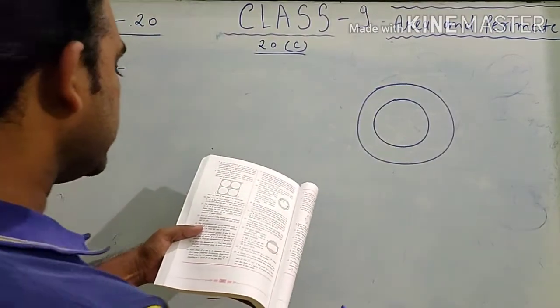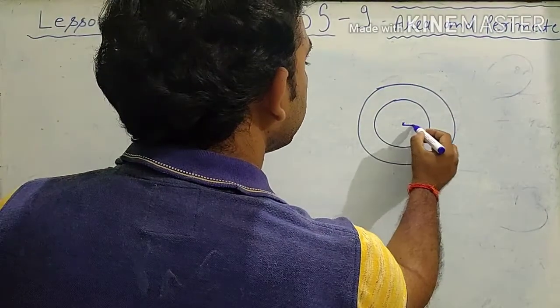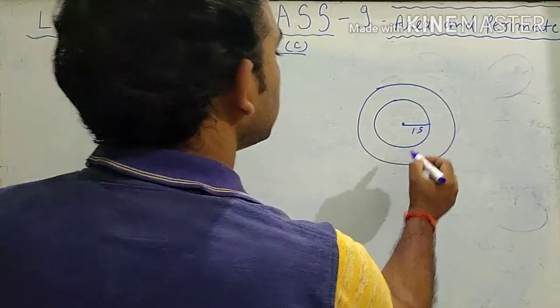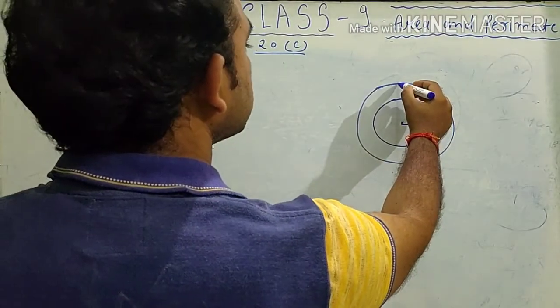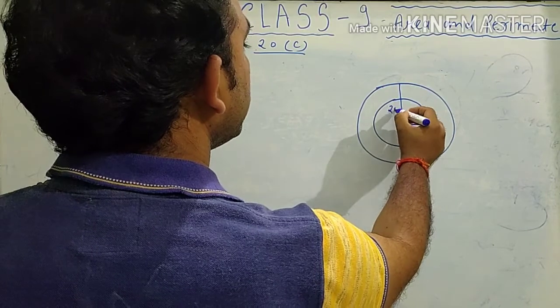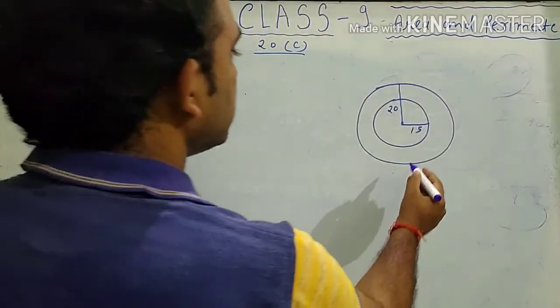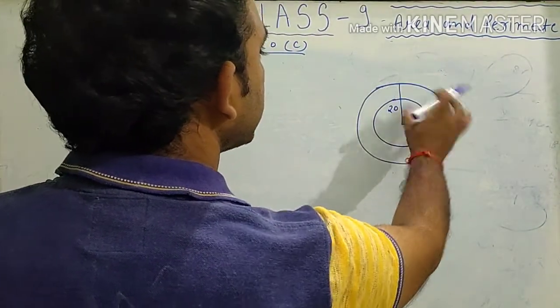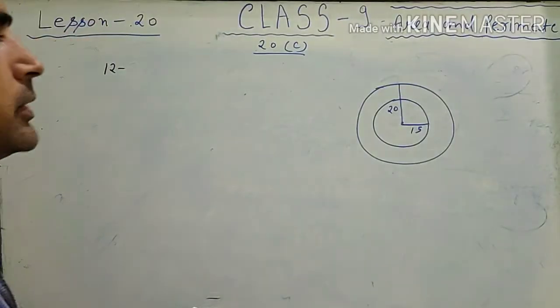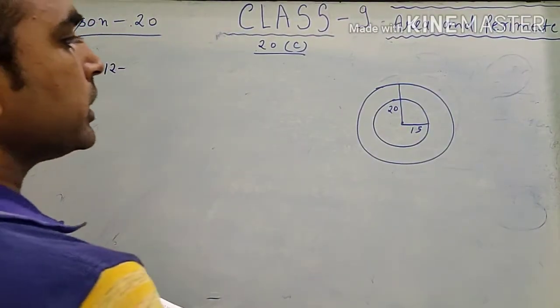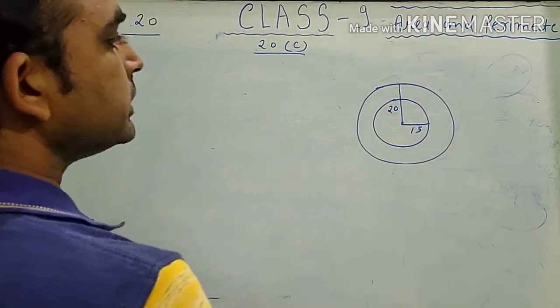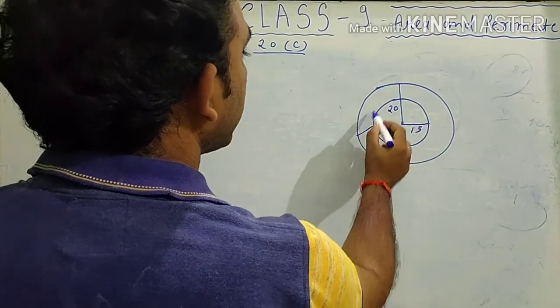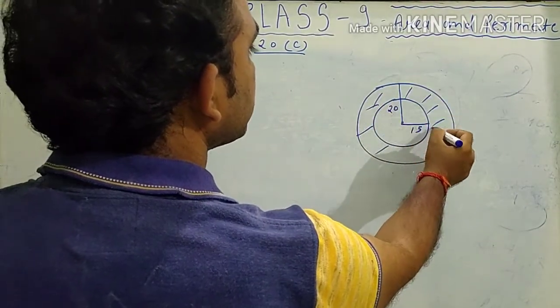The outer radius is 20 centimeter and the inner radius is 15 centimeter. Now you have to find the area enclosed by the ring.